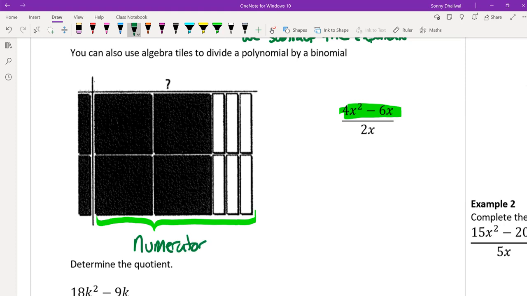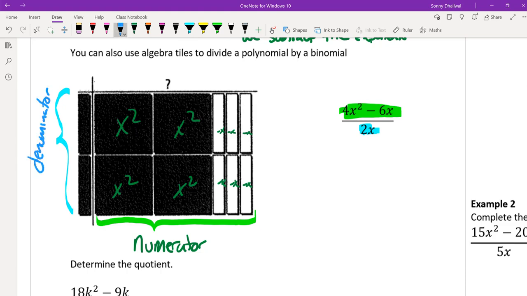Right? We have 4x squares, and we have 6 negative x's. Right? That's our numerator. Now the stuff on the outside is our denominator. We have an x and we have an x.